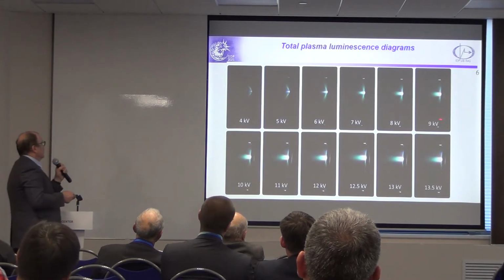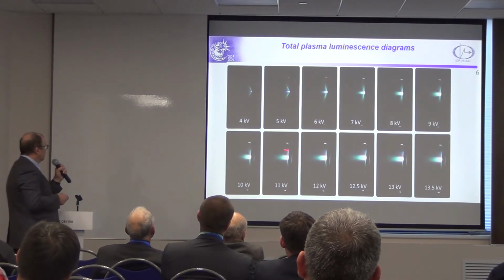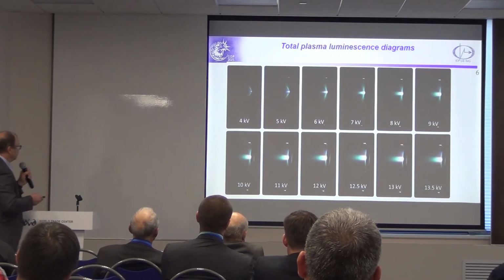When the voltage grows, a plasma torch forms on the axis of the plasma source.